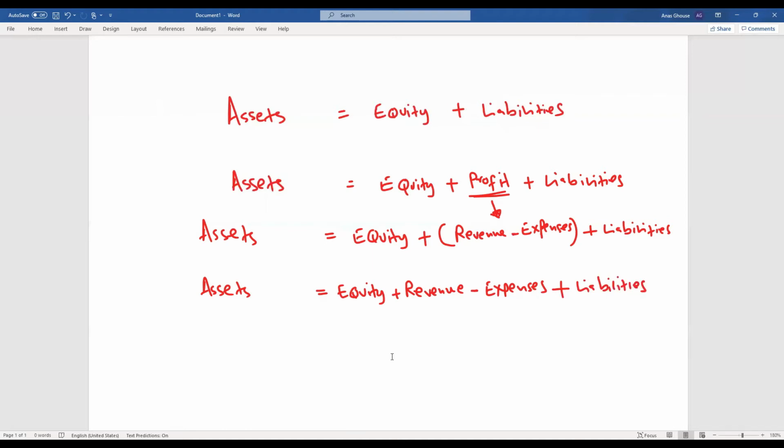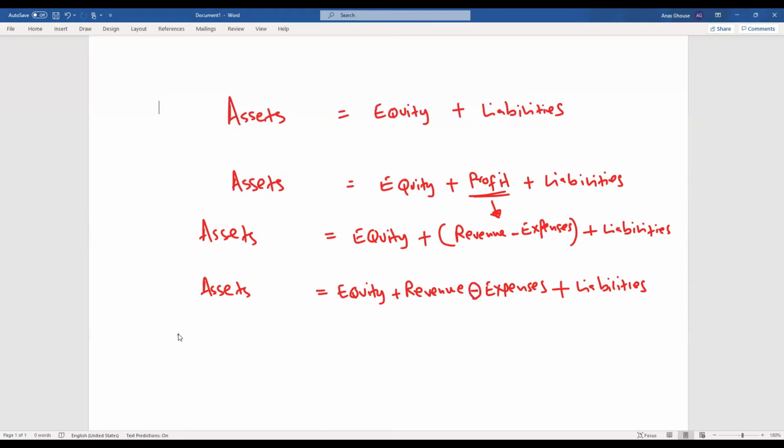Okay. Then to make all positive signs on one side, let's bring expenses to the asset side. If you bring minus expenses to the asset side, this sign will become plus.